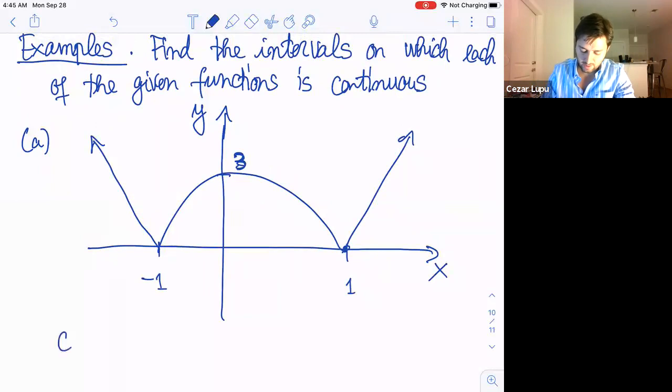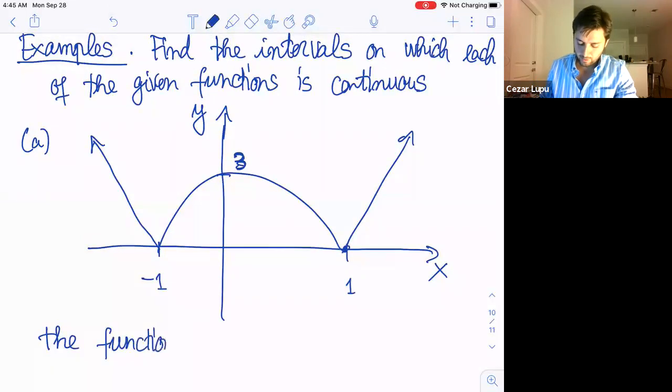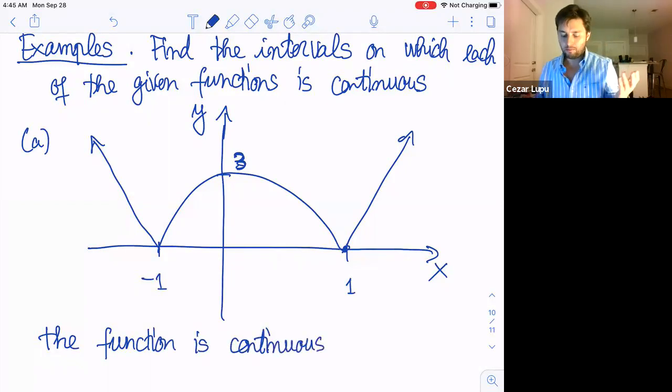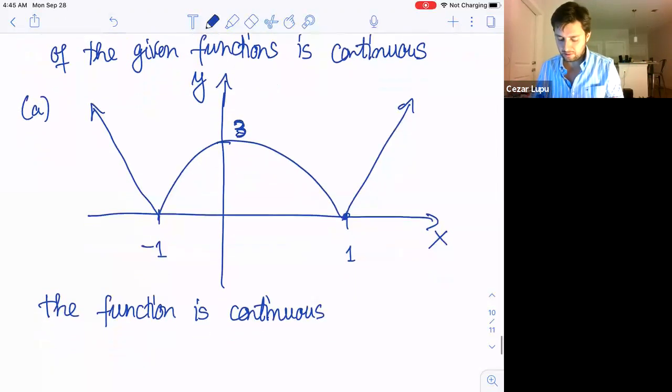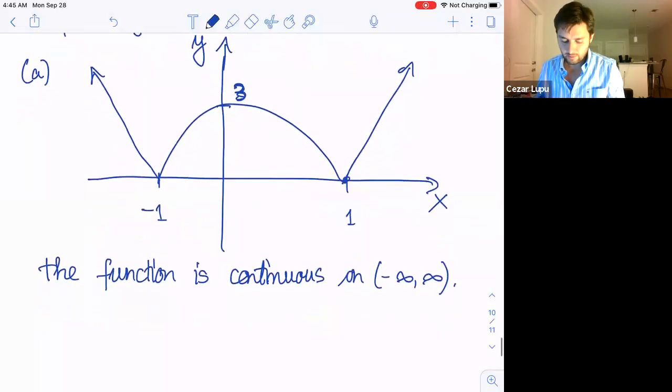So in this case, we say that the function is continuous on, do you see any discontinuity here? No, not quite. So it's continuous on R, on -infinity, infinity. We have no problems.